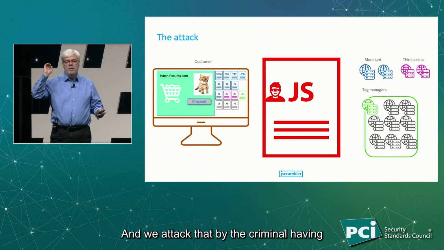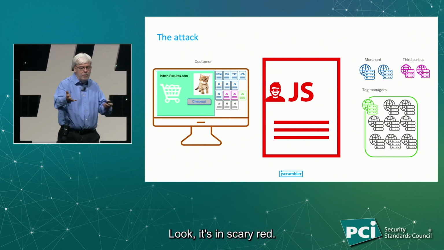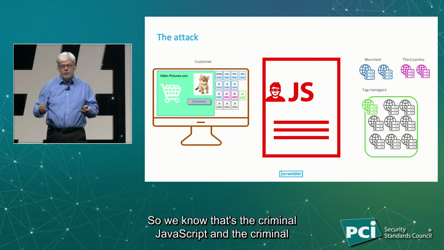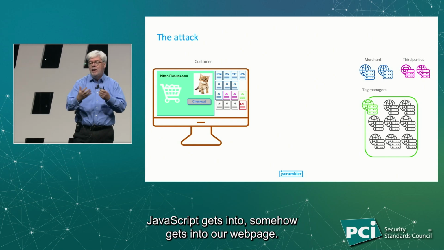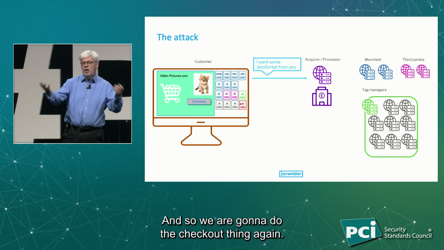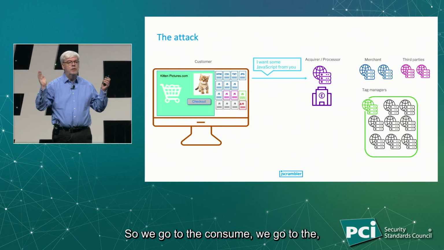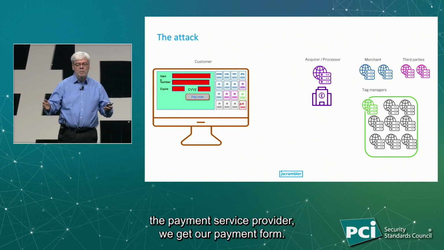We attack that by the criminal having some criminal JavaScript. Look, it's in scary red, so we know that's the criminal JavaScript. And the criminal JavaScript somehow gets into our web page. So we're going to do the checkout thing again. We go to the payment service provider, we get our payment form.